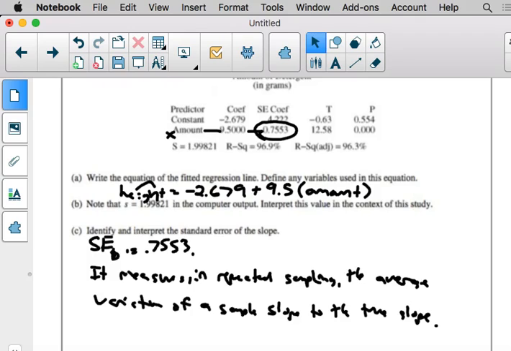Just like when we did it for proportions, it was, in repeated sampling, the average variation of our sample proportion to the true one, or same thing for mean. So it's that same general idea each time, this time now just in context of slopes.